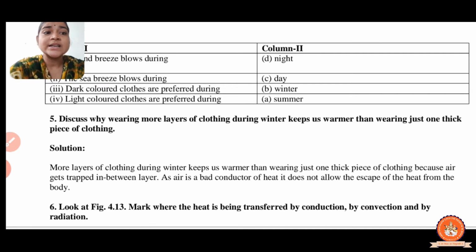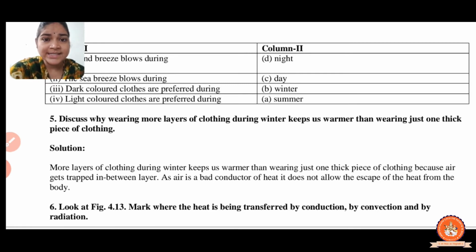Now the fifth question is: discuss why wearing more layers of clothing during winter keeps us warmer than wearing just one thick piece of clothing.